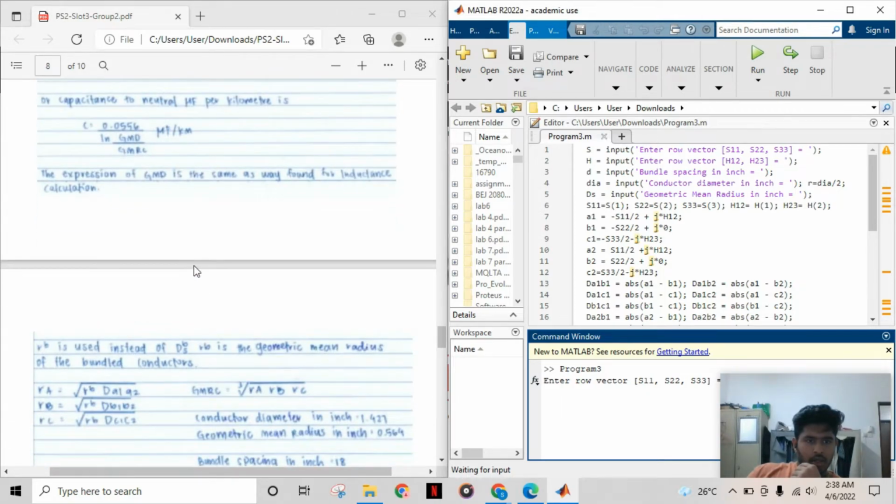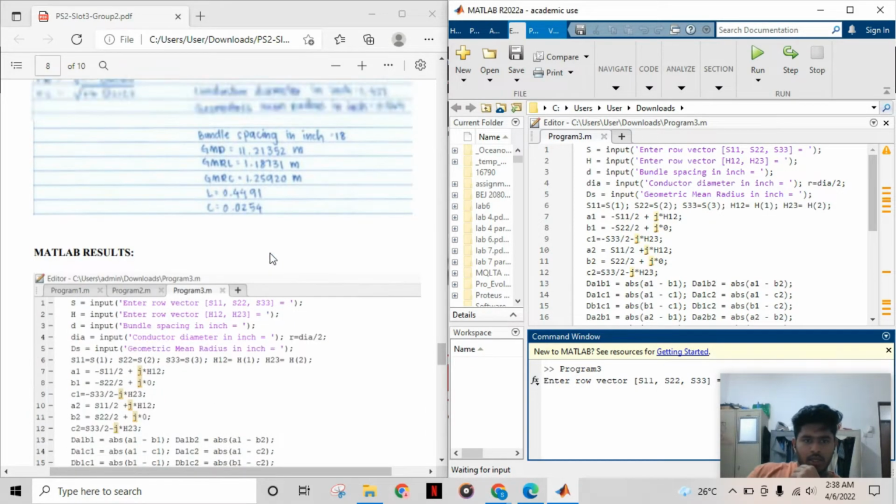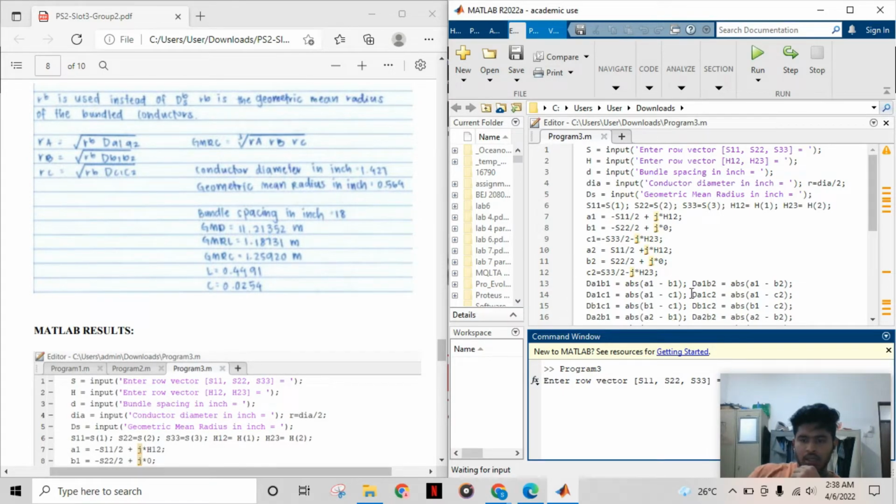With the formulas, we can calculate that inductance is 0.4491 and capacitance is 0.0254. In order to find this, we have to replace the RA, RB, RC values in GMRC. So moving on to the MATLAB result to prove this manual calculation.